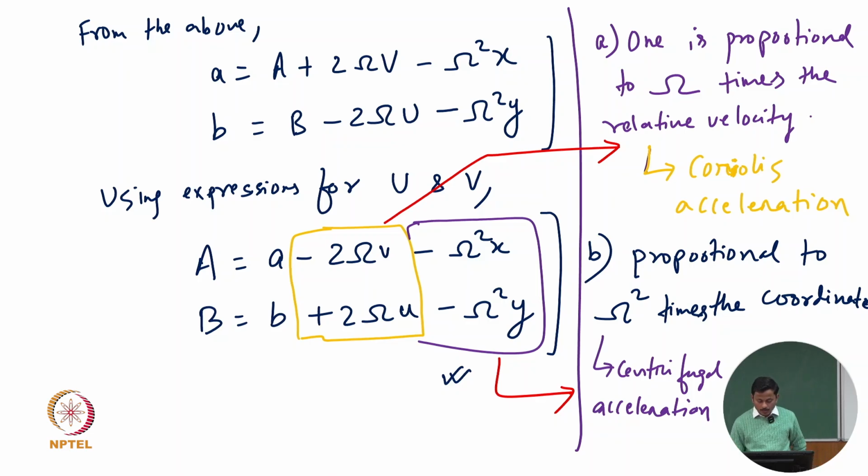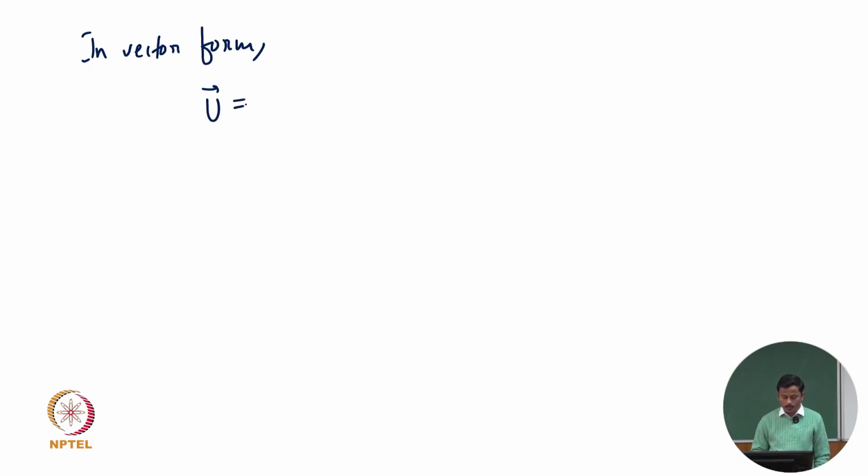So now all of the above can be written in vector form. With all the derivations that we have done, we can write the absolute velocity, capital U, equal to small u plus omega cross r.